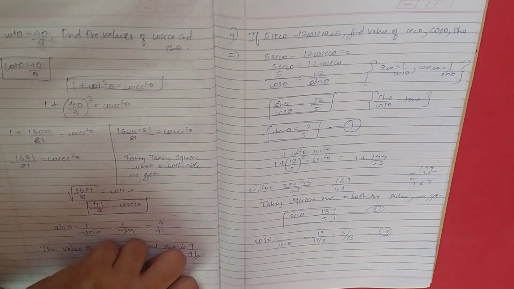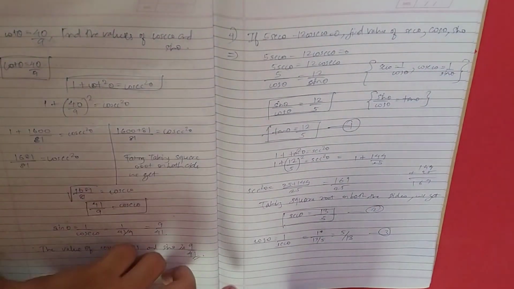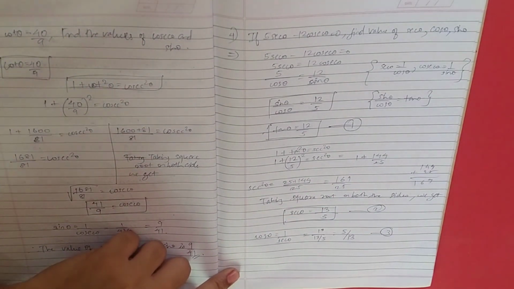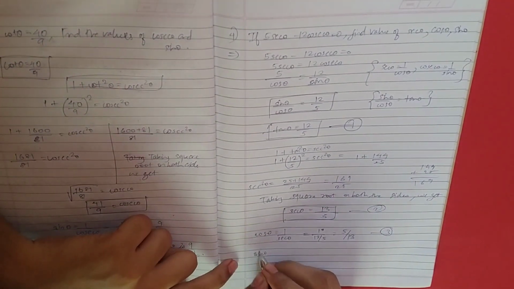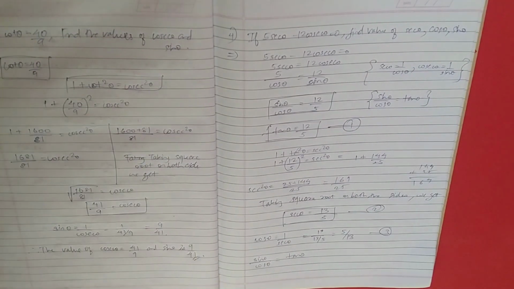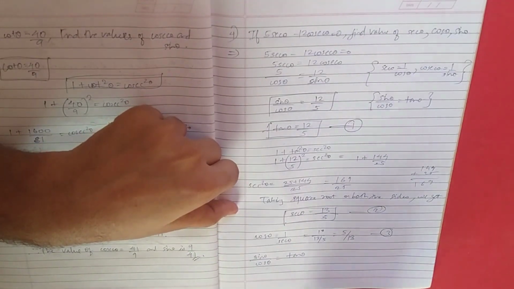Now we have the value of tan theta, which is 12 by 5, and we have the value of cos theta. So sin theta upon cos theta is tan theta. Now we have the value of tan theta and cos theta, so we substitute here.